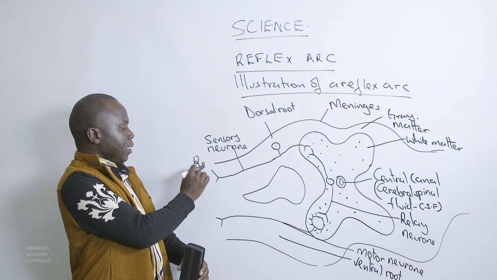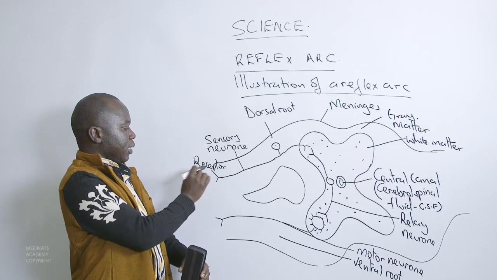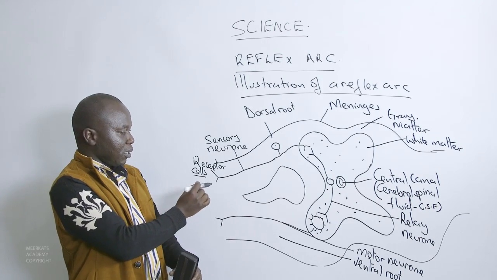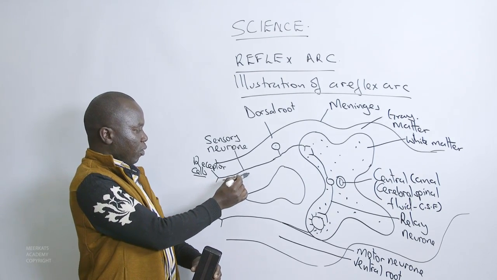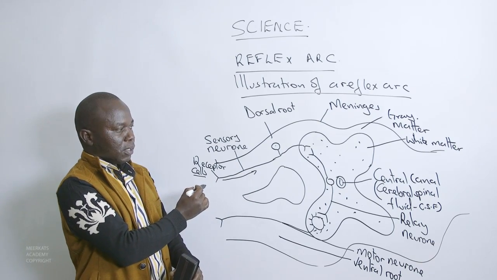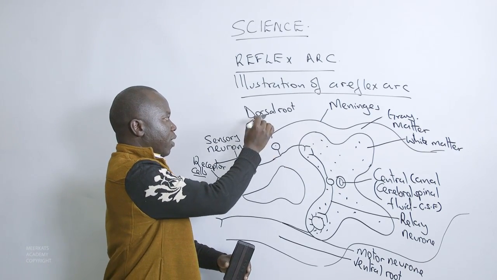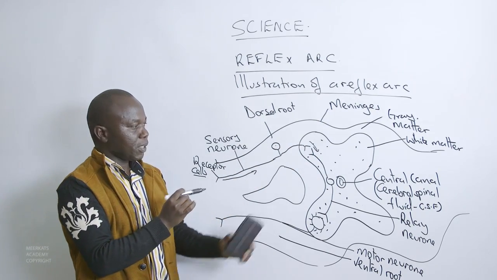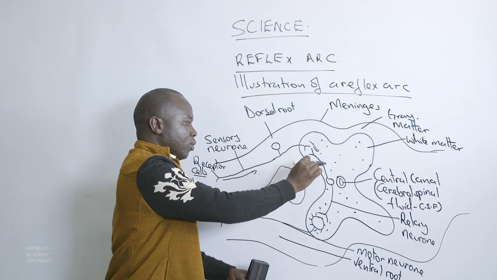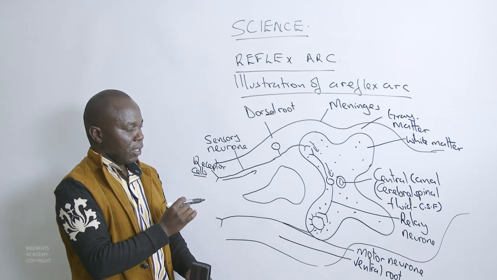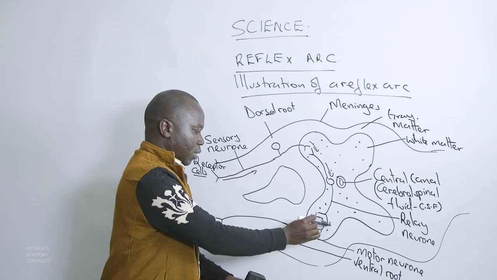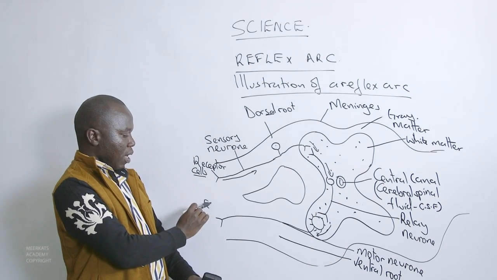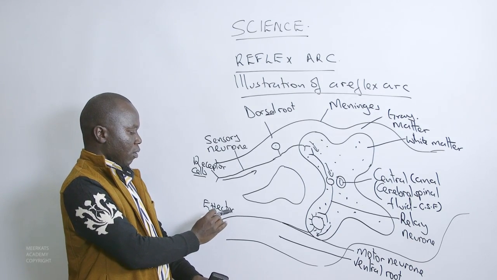If this is the receptor cells on sense organs, they are going to be stimulated. Nerve impulse will flow through the sensory neuron via the dorsal root, across the synapse, that junction, through the relay neuron, then to the motor neuron, up to effector organs.